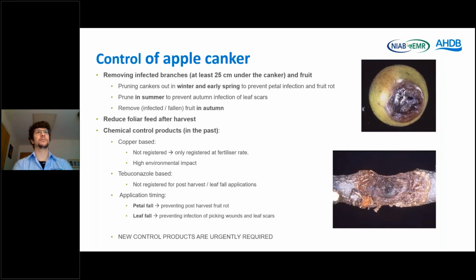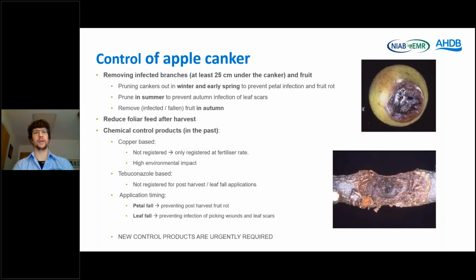And apart from these two, removing, pruning out, and reducing foliar feeds, you could have used chemical control as well, though most of them are now in the past and not registered. They were based on copper and tebuconazole, and we used them for applying during petal fall to prevent post-harvest fruit rot, and during leaf fall to prevent infection of picking wounds.